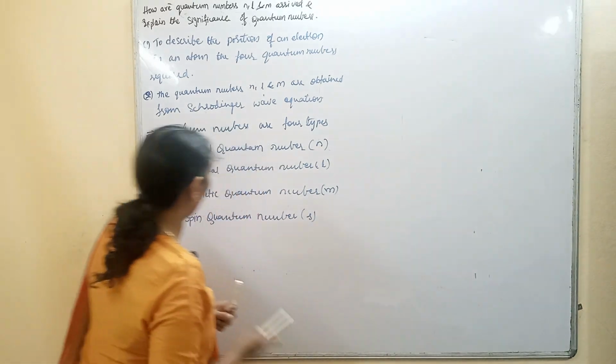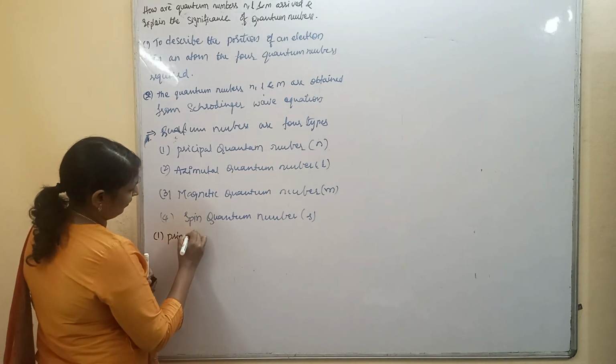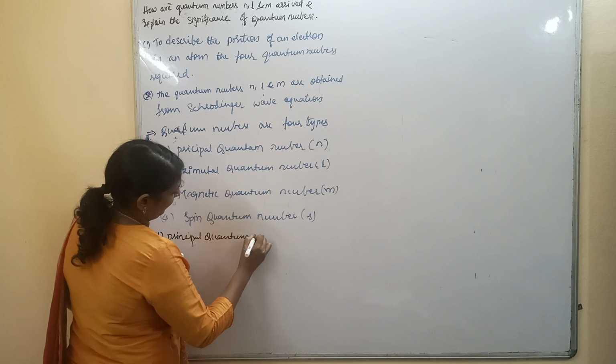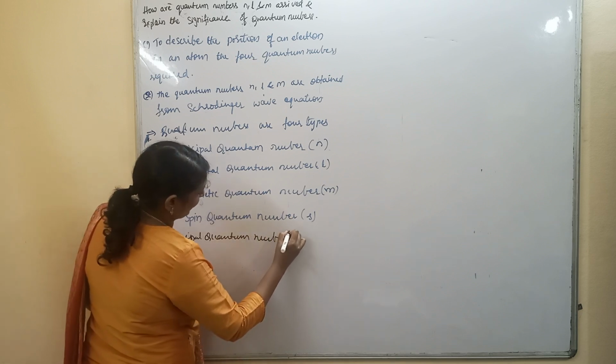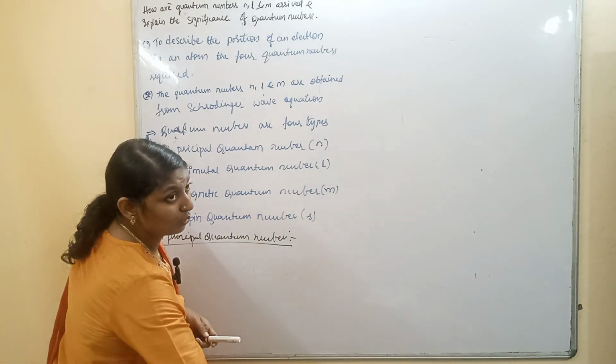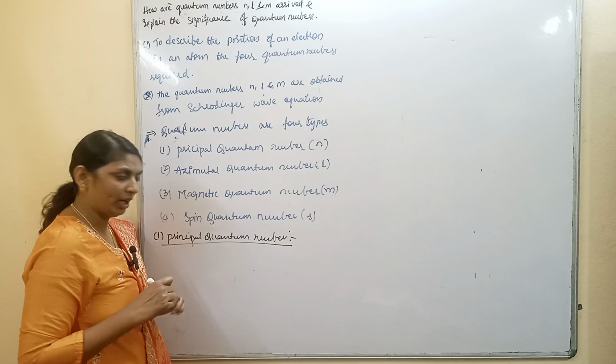First of all, put the side heading: principal quantum number. What do you mean by principal quantum number? First of all, you have to write the scientist name, who discovered this one.